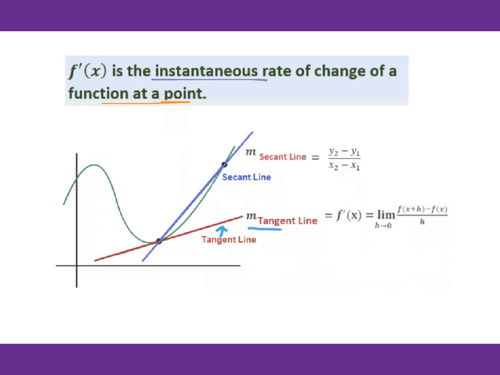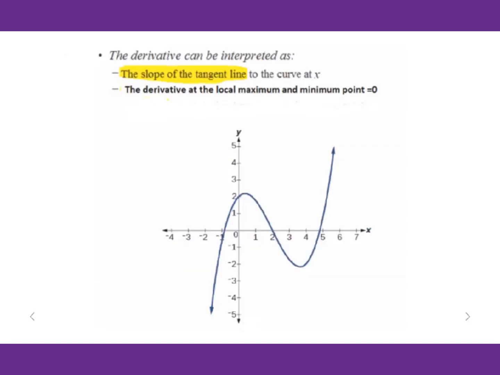The slope of a tangent line equals the first derivative of f of x. We also can use this limit to show the first derivative. In other words, we can interpret the first derivative as the slope of a tangent line to the curve at x.